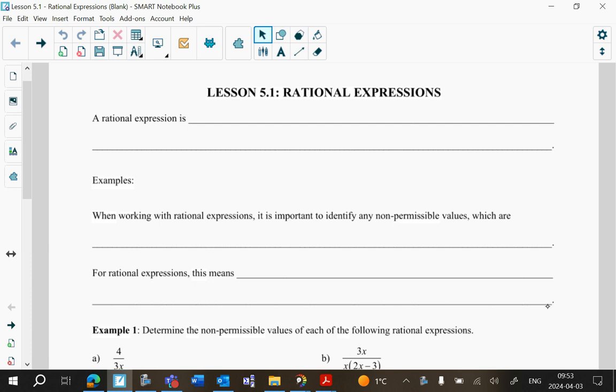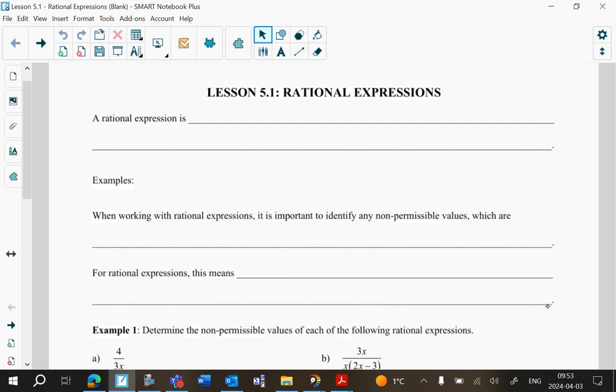First of all, we're going to talk about how to simplify them, how to solve rational equations when they equal something, and then look at different types of graphs of rational functions, in addition to another type of function as well.